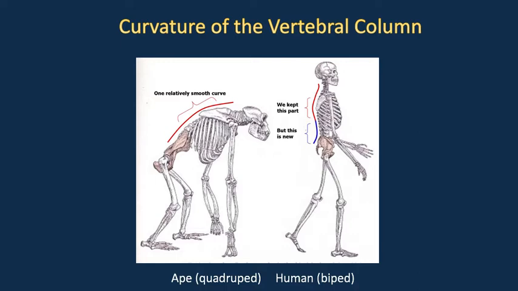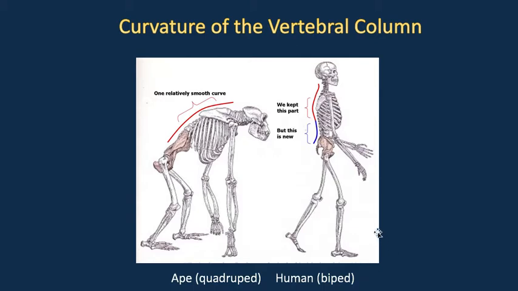Now, the importance of this is that it allows us to carry our weight totally differently than a quadruped does. Our weight has to be distributed entirely differently. In the quadruped, a lot of the weight of the upper body is transmitted down through their arms. So they don't have a lot of pressure on their spine because their body weight is distributed across all four limbs.